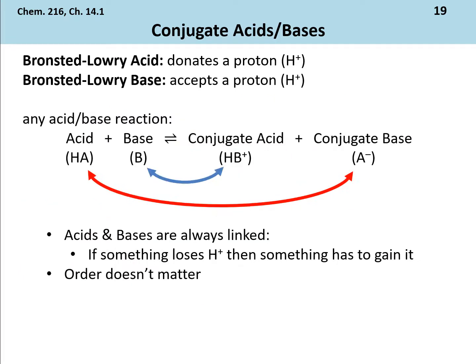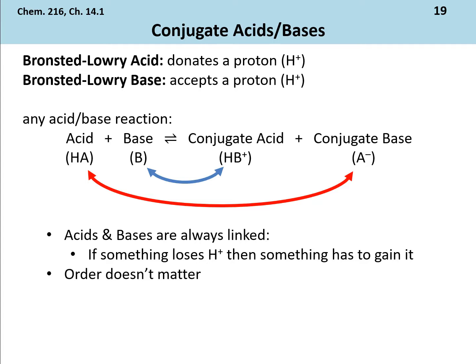Now, acids and bases are always linked. If something loses an H+, something else has to gain it. So I can't have a reaction with just an acid and no base. I need to have an acid and a base, kind of like redox reactions. The order doesn't matter; I can put acid plus base, or base plus acid.